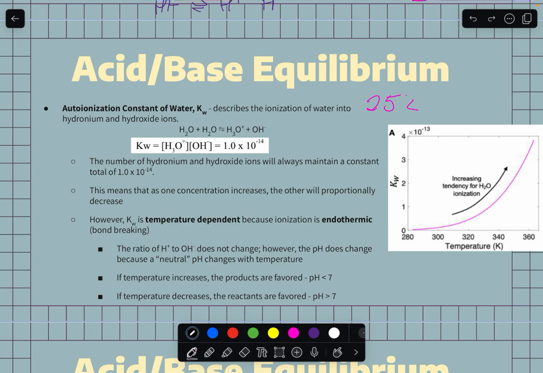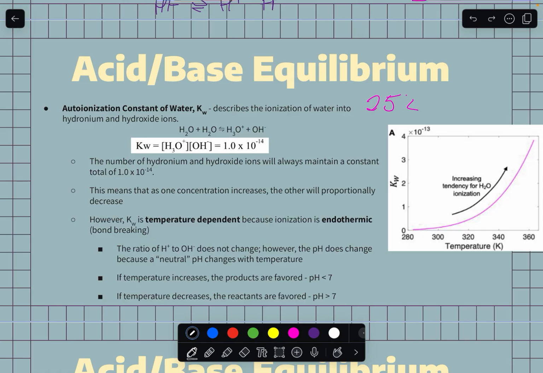That means our OH minus concentration and our H3O plus concentration multiply to make 1 times 10 to the negative 14. If our H3O plus increases, our OH minus is going to decrease. It's an inversely proportional relationship.